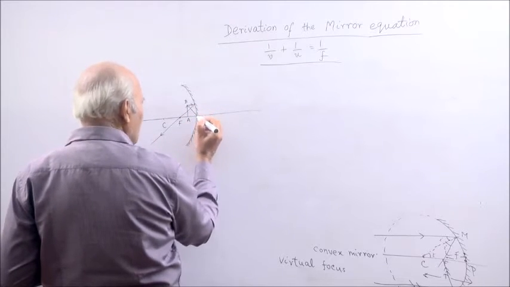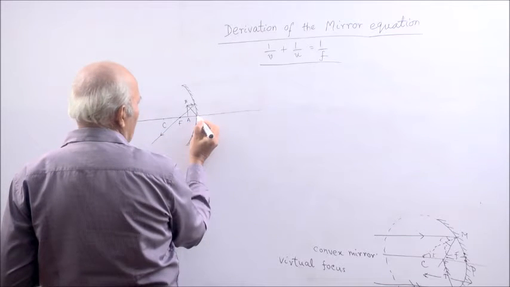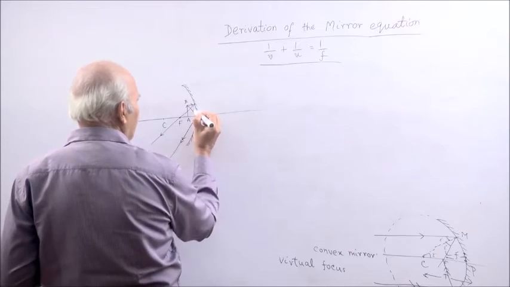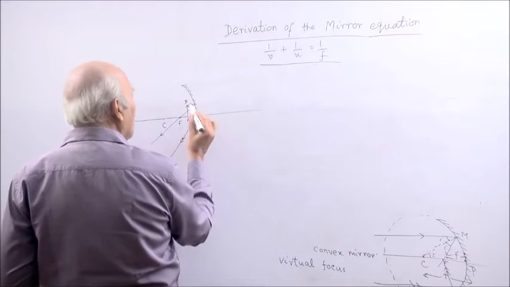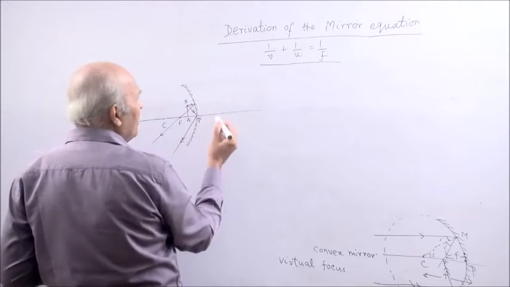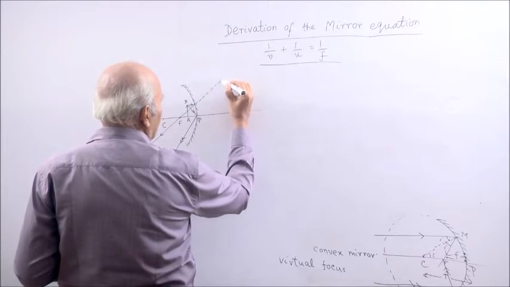If it is passed to the pole, it makes an equal angle with the normal and goes away from it. Another ray can be passed through the center of curvature, but by that the figure will be a little bit clumsy, so I am not doing that.